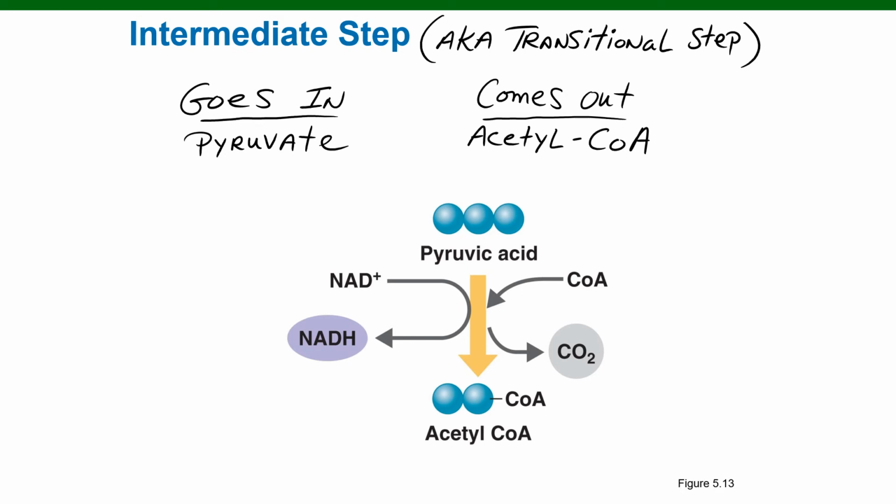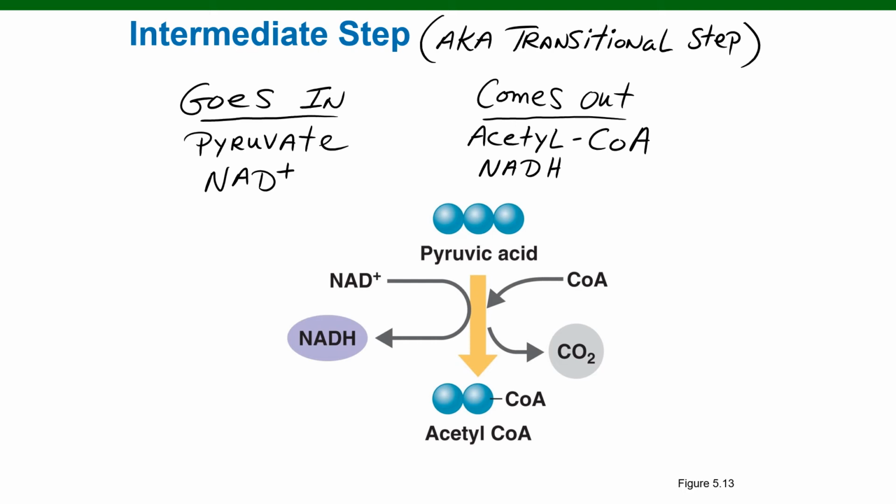Additionally, we can say that the intermediate step requires one NAD plus to go in and one NADH will come out. When we look at this process, we should also be aware of the number of carbons that go in.